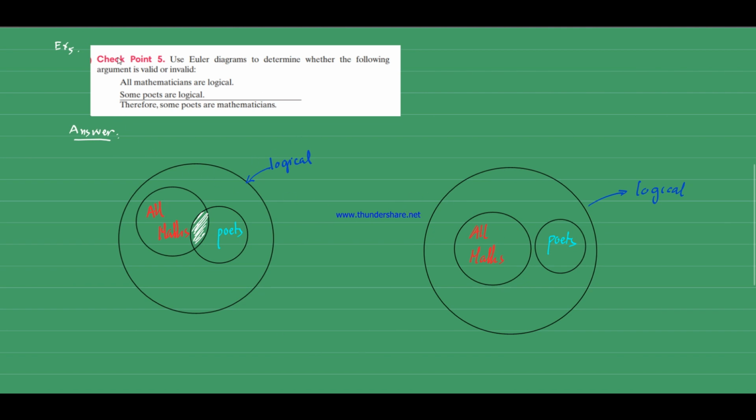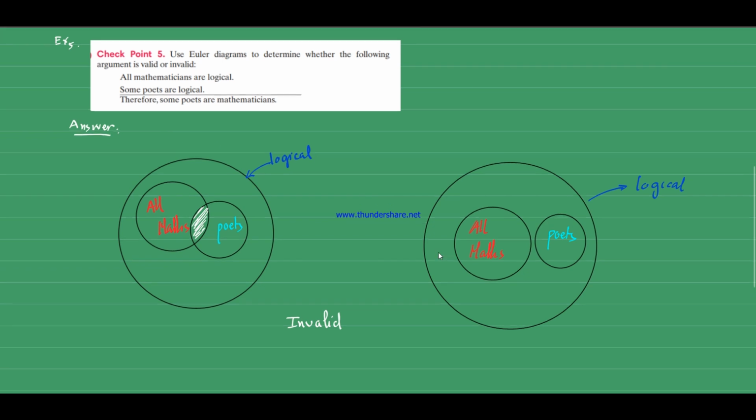That's why the argument is invalid. The argument must be valid if everything is true, right? But now you see that this is not always true, so that's why this one is invalid.